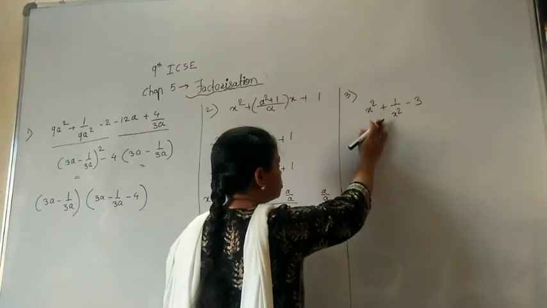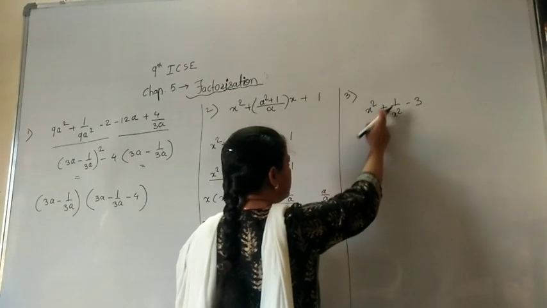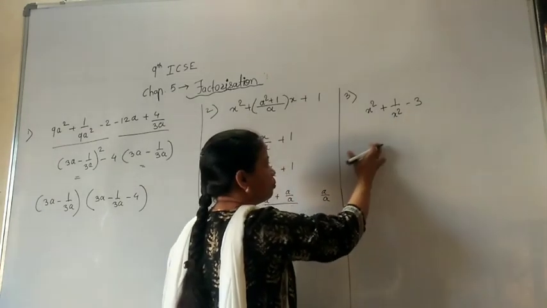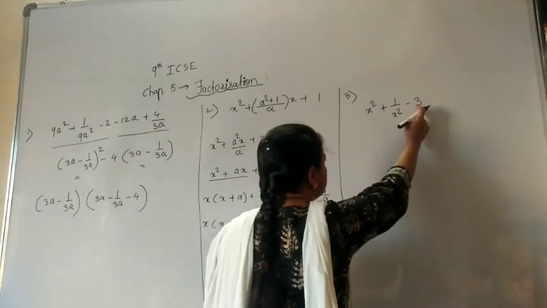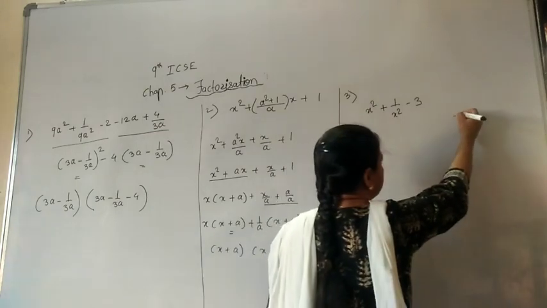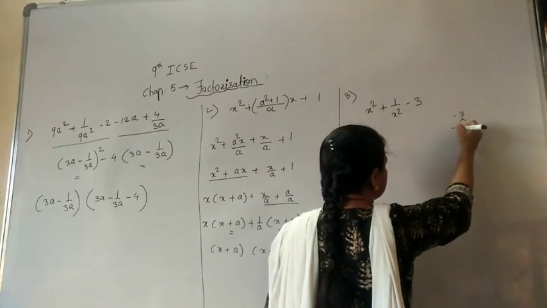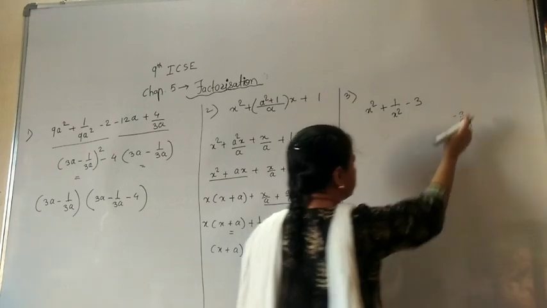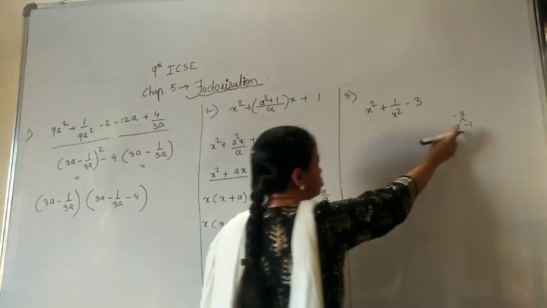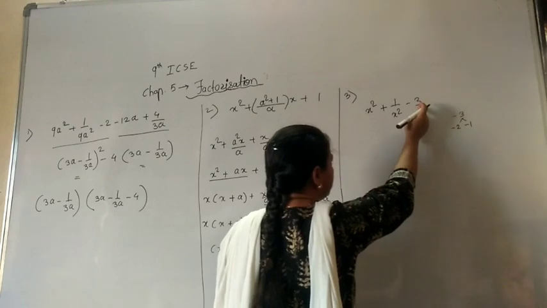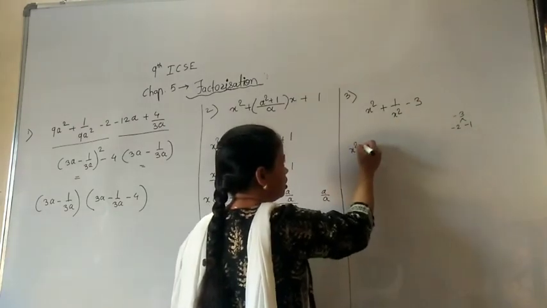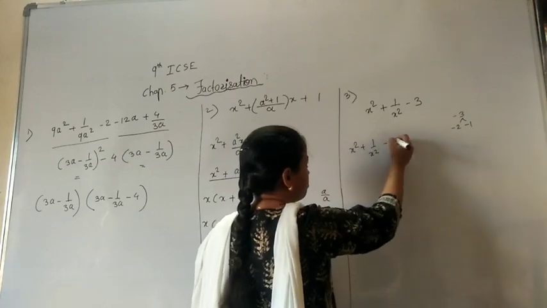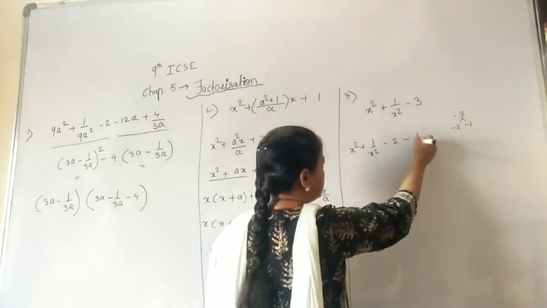Now moving towards this question: x square plus 1 upon x square minus 3. We are not getting a complete square here. We have to split this minus 3 into minus 2 minus 1, so by adding we get minus 3 again. So this x square plus 1 upon x square minus 2 minus 1.